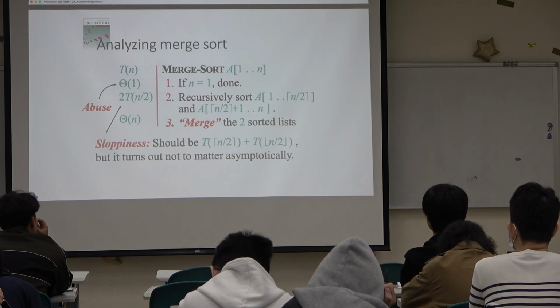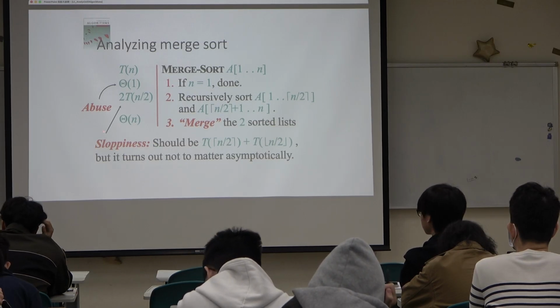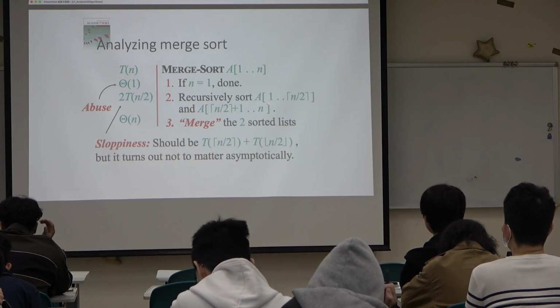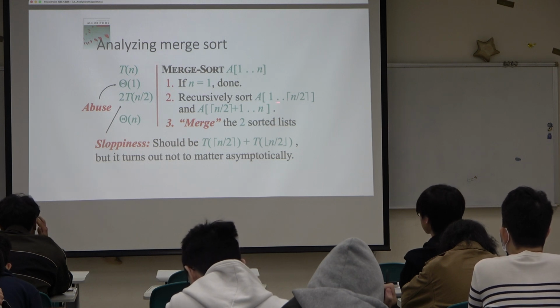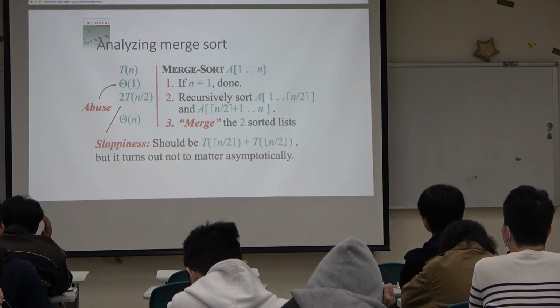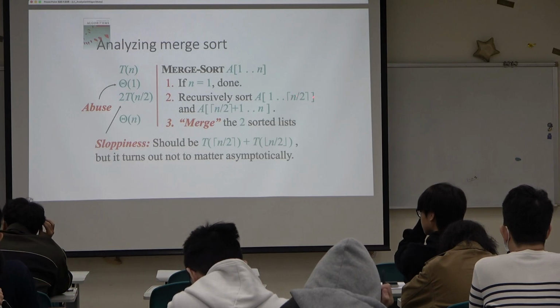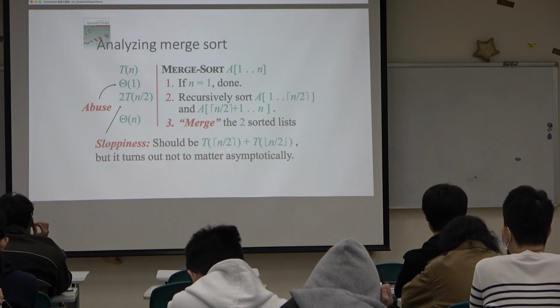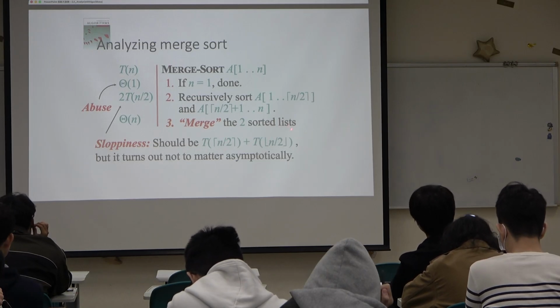There is a small sloppiness here. When we do recursive calls, we divide the whole array into 2 halves: one is n divided by 2 with the upper bound, and one is n divided by 2 with the lower bound.